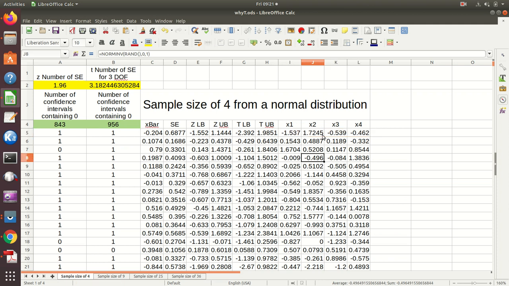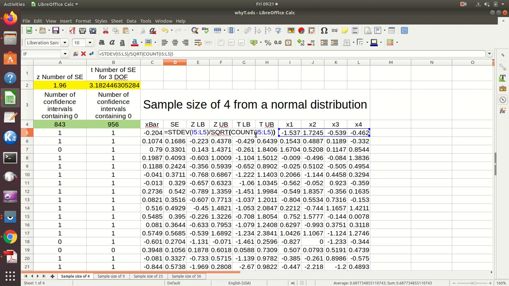Then I took that sample of 4 and got its sample mean, x bar, and this one happened to be negative 0.2. But if I took the average of all 4,000, it'd probably be very, very close to 0. And then I also found the standard error, which is the standard deviation divided by the square root of n.